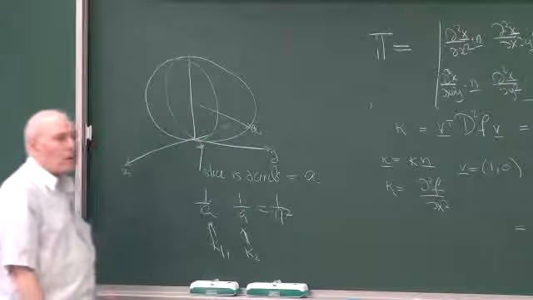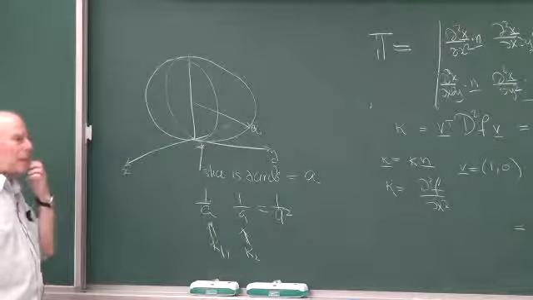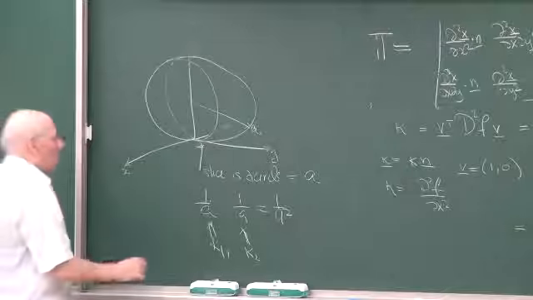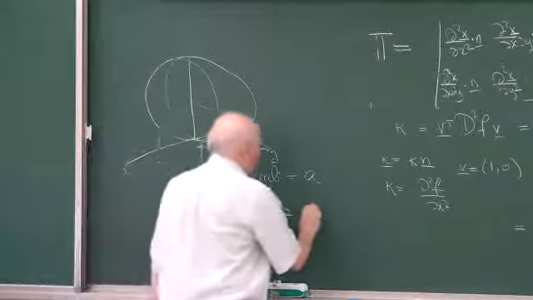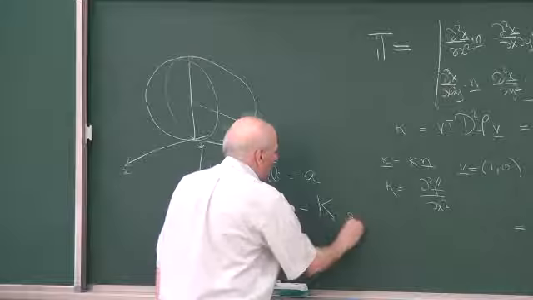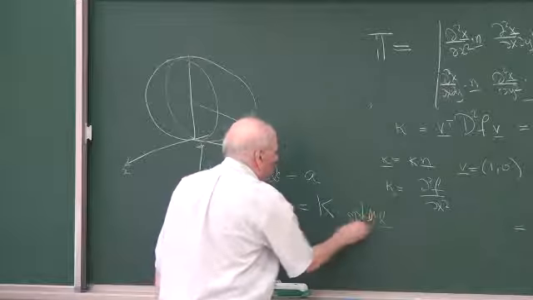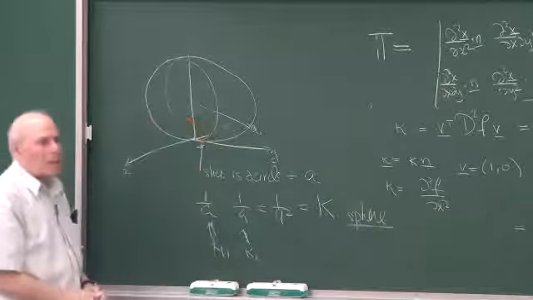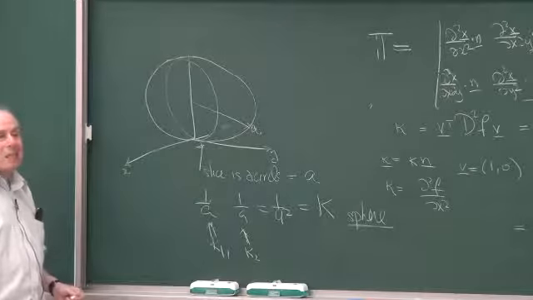So we know the Gauss curvature of a sphere immediately. This is the Gauss curvature of a sphere. So at least we can do one example with no work.